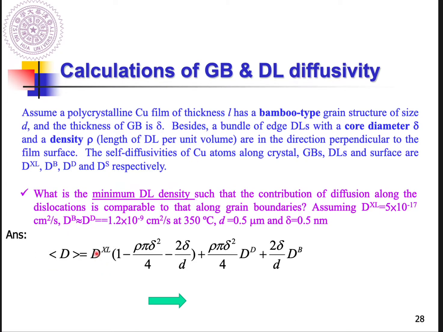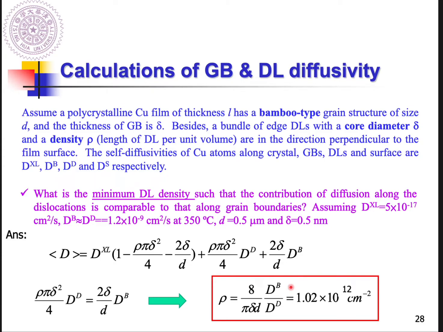And the third one is, what is the minimal dislocation density that will allow the contribution of diffusing atoms along the dislocation to be comparable to that along the grain boundary? So the contribution from the dislocation will equal the contribution from the grain boundary. So this equals this.